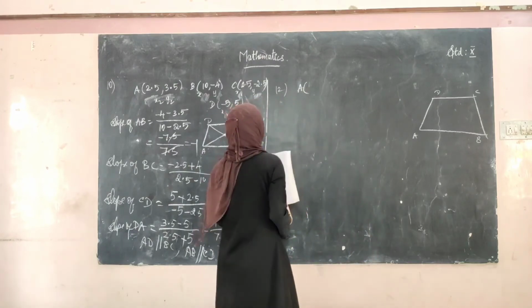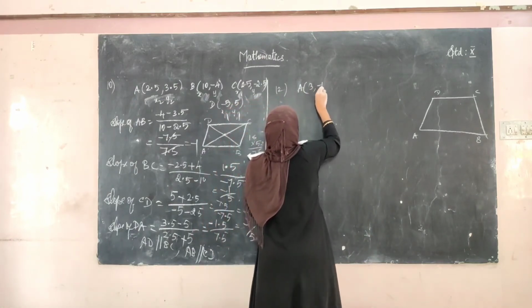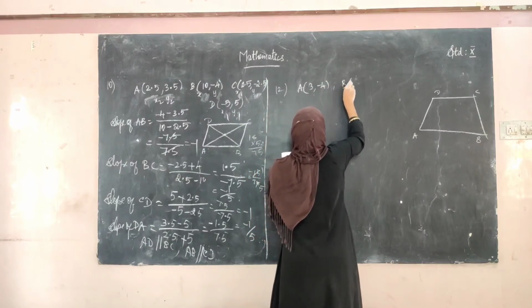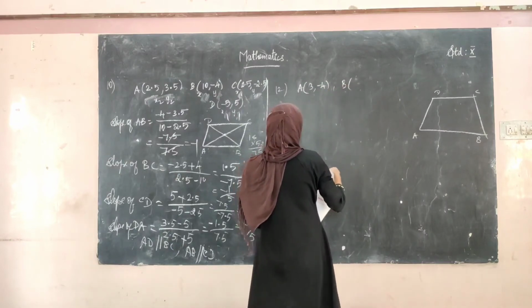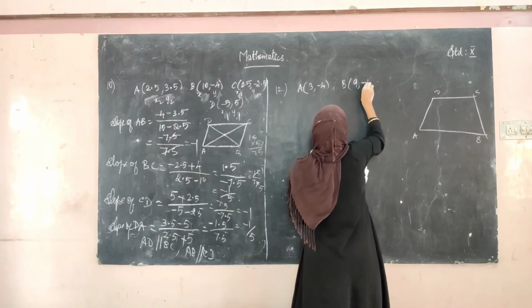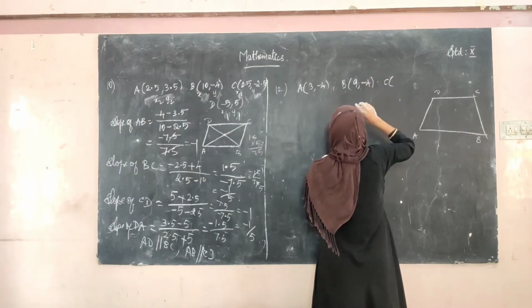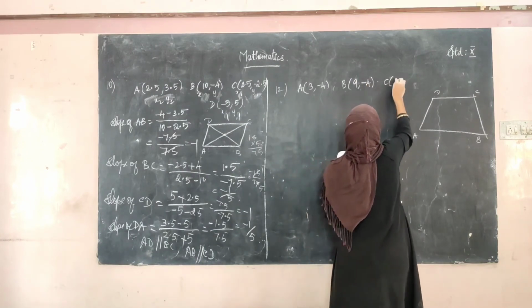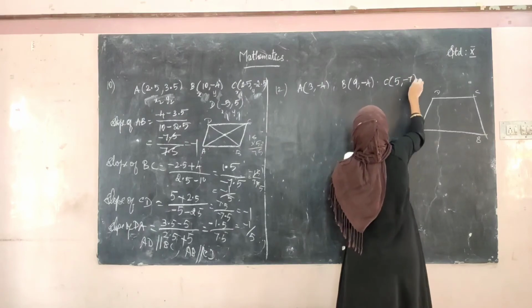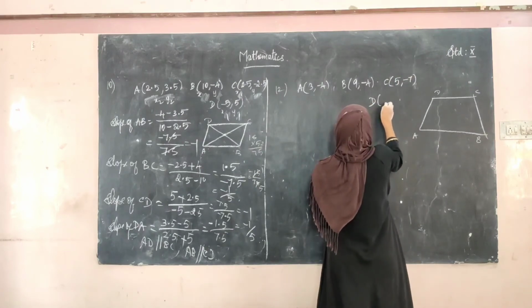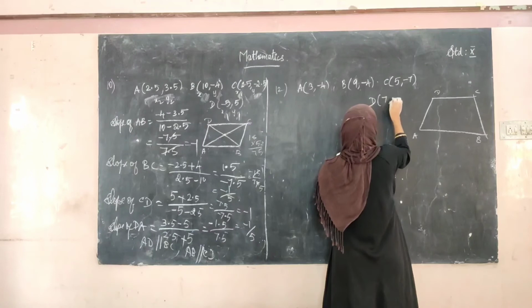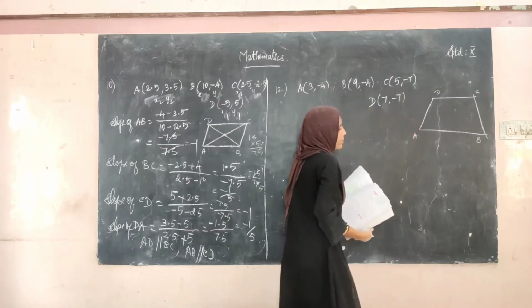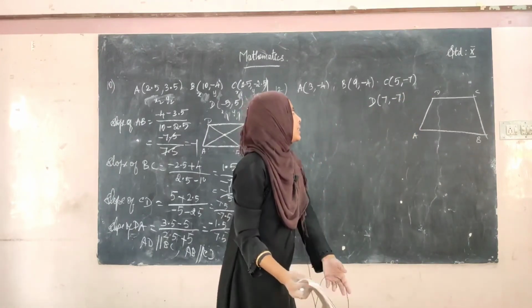A is 3 comma minus 4. What is B? B is 9 comma minus 4. What is C? C is 5 comma minus 7. And what is D? D is 7 comma minus 7.